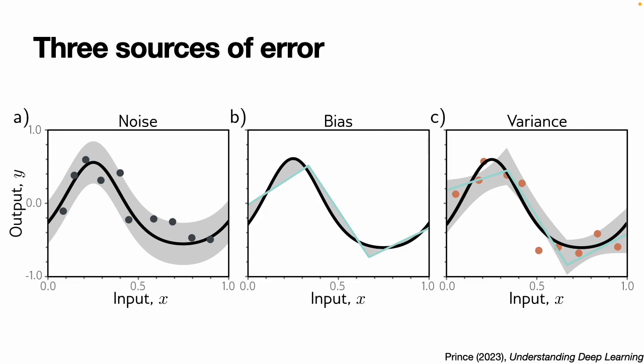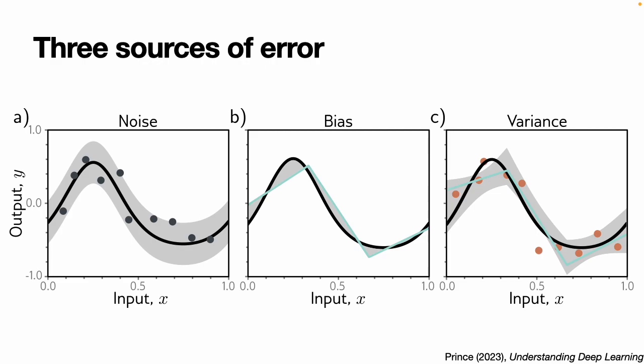And what's the expected model output? Well, it's one of these piecewise functions like this. So that actually is exactly my bias term. And what's the remaining thing? Well, it's just the variance of my observations. So that's literally my noise term.